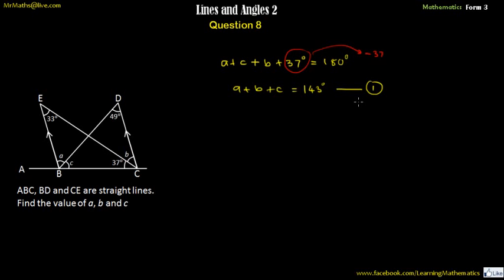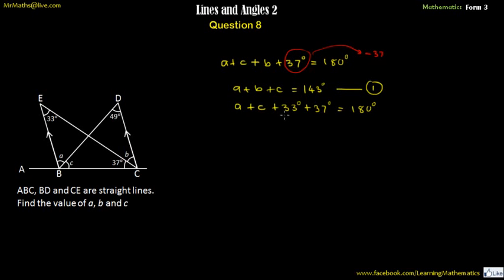So what are the other information that we have? Remember this triangle ECB. The total of the 3 angles is 180. Then let's write another equation. A plus C, which is this angle over here, plus 33 degrees plus 37 degrees is equal to 180 degrees.